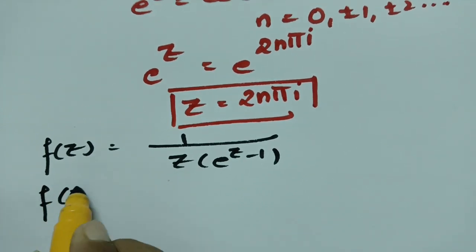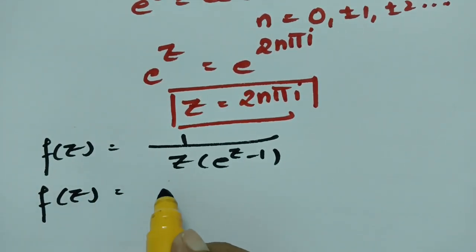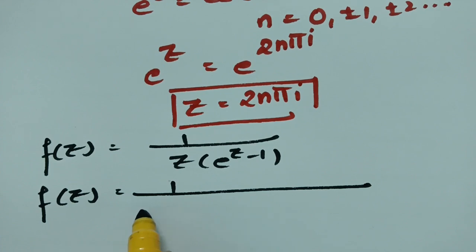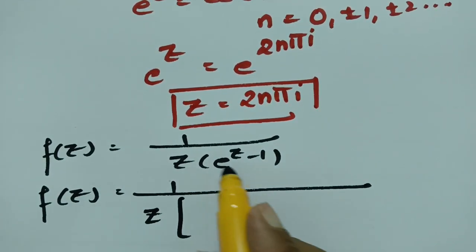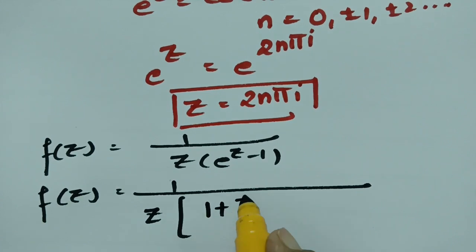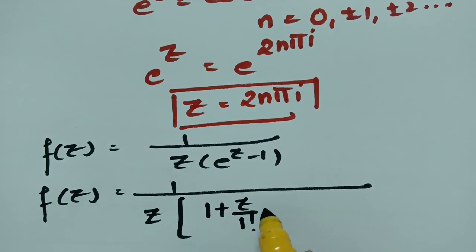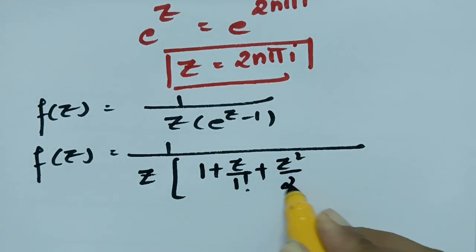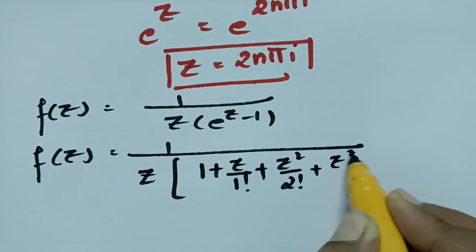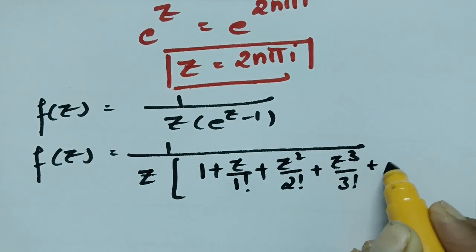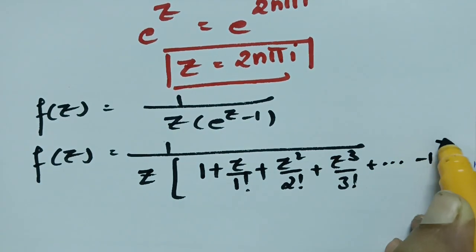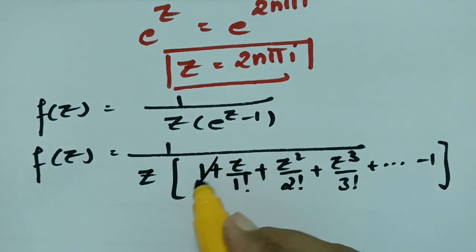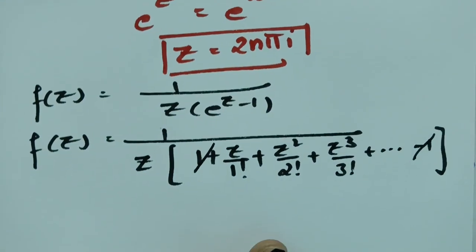For finding the residue, e^z can be written as 1 + z/1! + z²/2! + z³/3! and so on, and the last thing is minus 1. Clearly, I can cancel the +1 and −1.